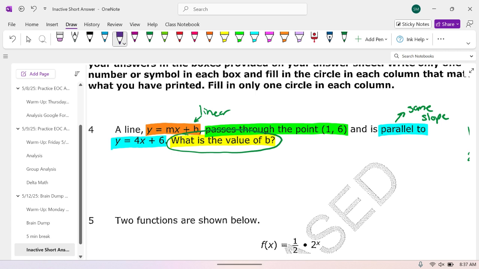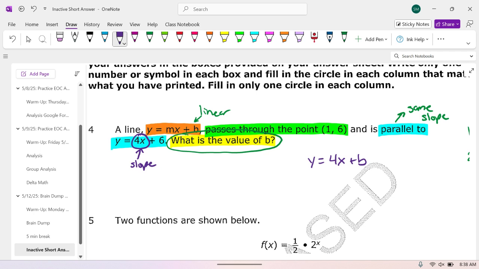So what's the only part of that line that I need for the new line? Which one, the 4x or the 6? The 4x. We want the slope. So we're going to start our problem with y equals 4x plus b. We don't know what b is yet.